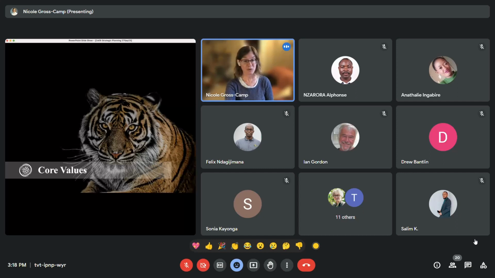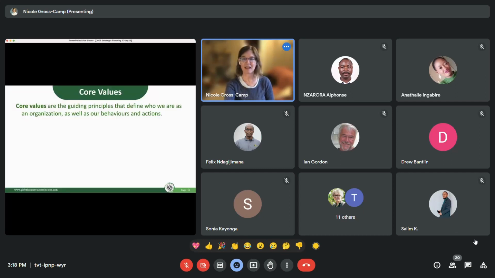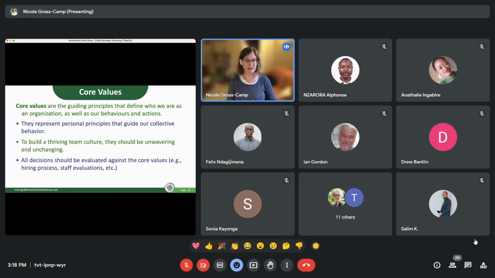We then move on to core values. These are the guiding principles that really attract people to your organization and ideally repel the wrong people from your organization. And so they're often quite personal.